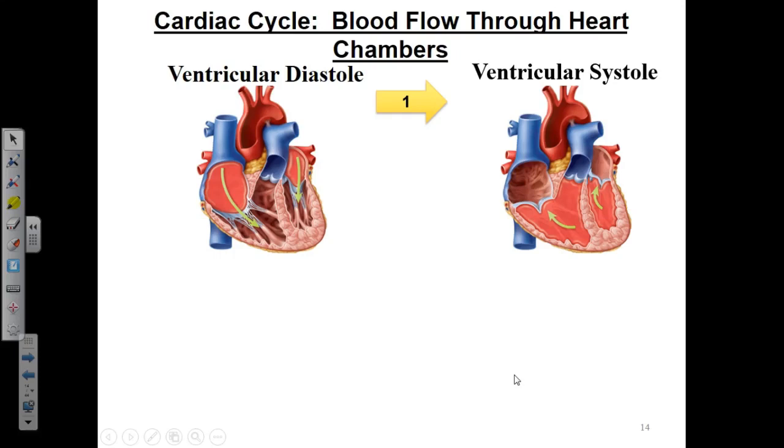Eventually, as the ventricles squeeze, they get to a point where the pressure in the ventricles is much higher than on the other side of these semilunar valves, and that's going to cause these semilunar valves to open, allowing blood to escape from the ventricles.